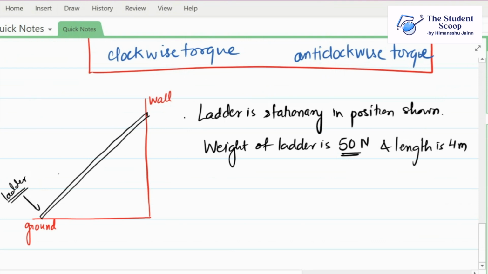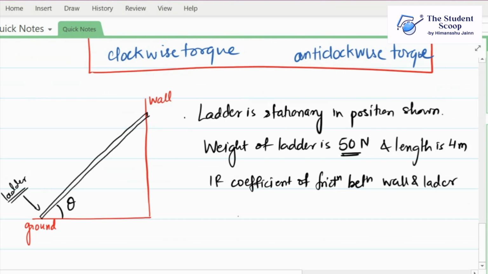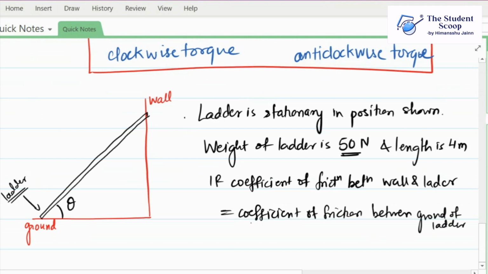If the coefficient of friction between the wall and the ladder is equal to the coefficient of friction between the ground and the ladder, and it is equal to 0.5, then find the theta. Are you able to understand this question?